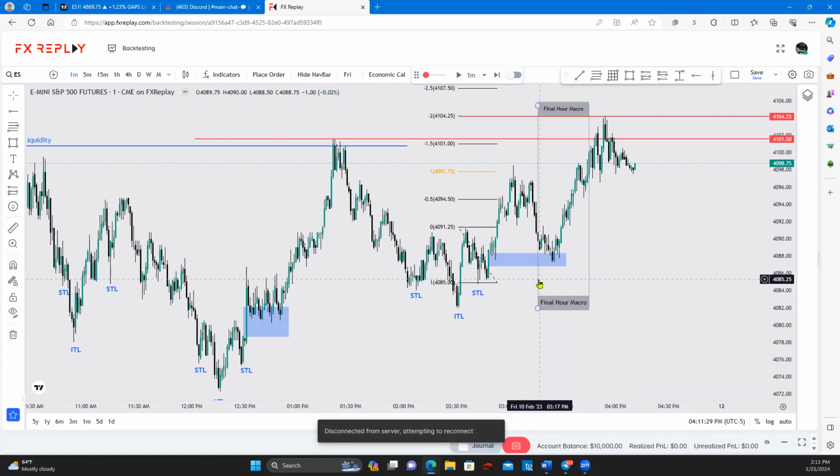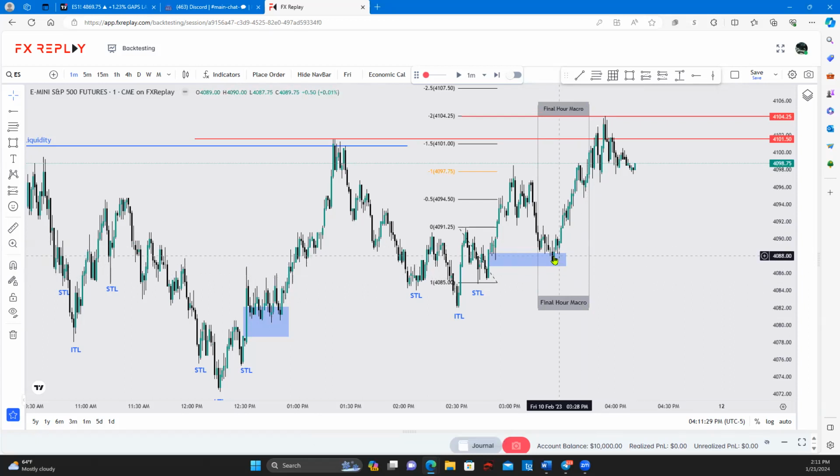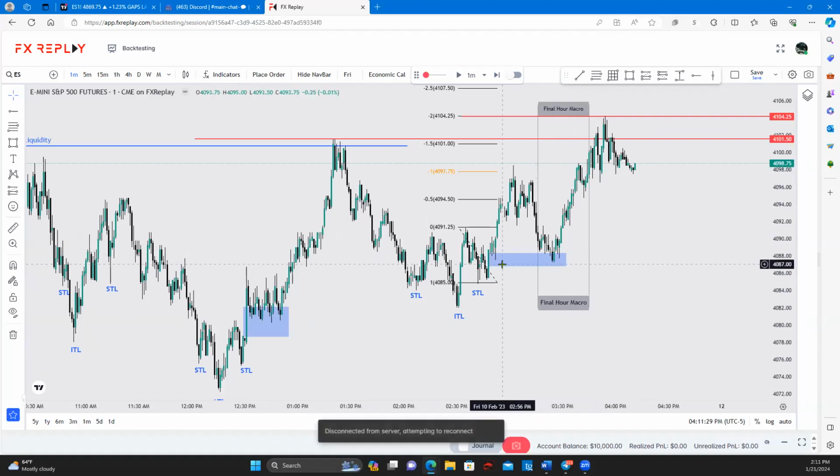So last hour market on close, 15 minutes after 3 to 45 minutes after 3 is when the algorithm will run the last market on close on the orders. You can see here we have this bullish fair value gap we dip into again, and then we drive higher, taking out this buy side and this buy side.